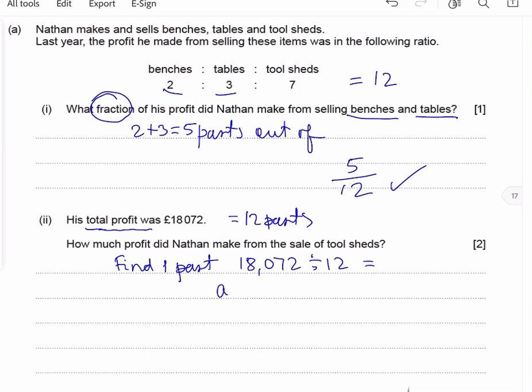So we're going to work out one part first. Divide the total profit by total parts. That is 12. And then we'll multiply the answer by 7, because there are 7 parts for tool sheds, and that will give us, so use the calculator here, £10,542.